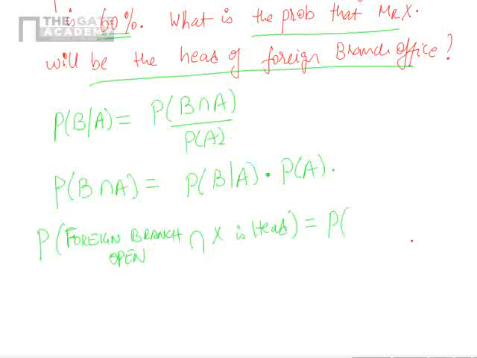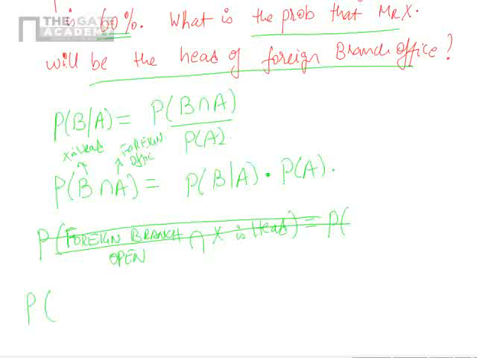I'm sorry, I have to write it in the other way, I think, because it will be more clear for us to understand. Okay, probability that, let me say B is the event that X is head. A is the event that foreign office is opened.